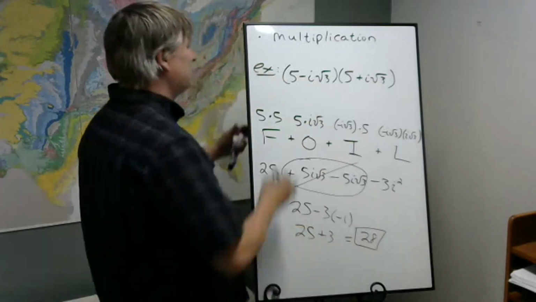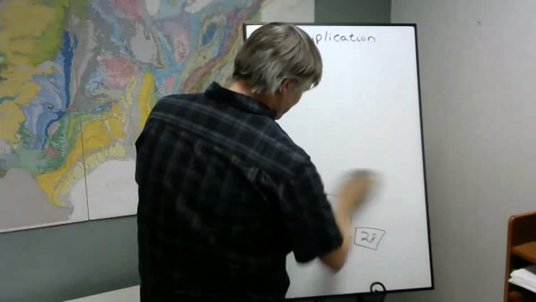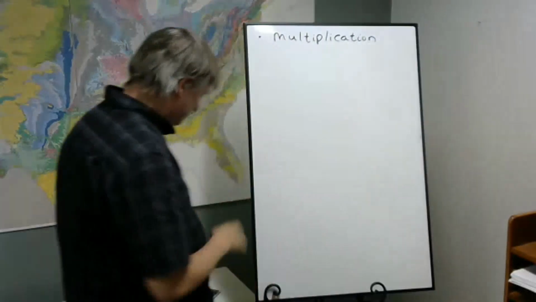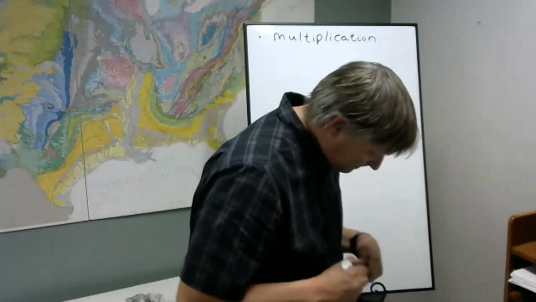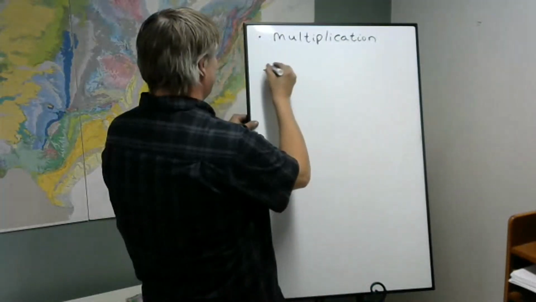Oh, no, we still got a little more to do. Let's do some more multiplication. Let's take a look at this. One of the things we could do is, let's say we have this.